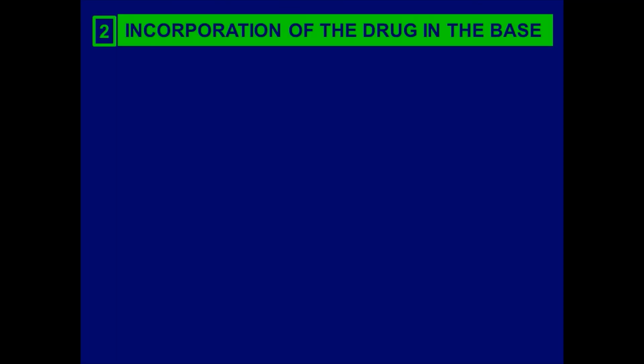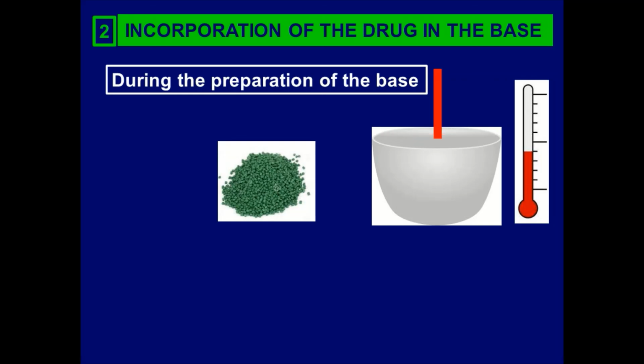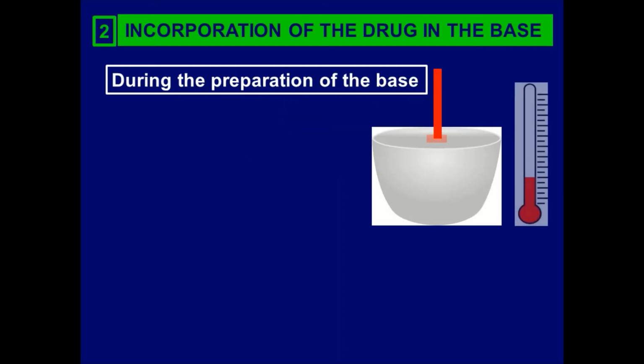Now we prepared the base. It's time to incorporate the drug in the base. The drug may be incorporated during the preparation of the base, either by adding it or dissolving it in the molten base, or if your base contains liquid paraffin. We said that liquid paraffin acts as viscosity controller and levigating agent.